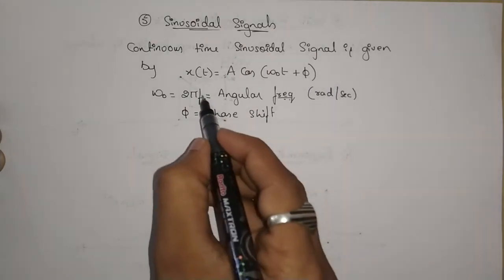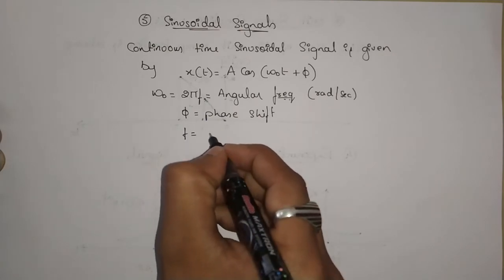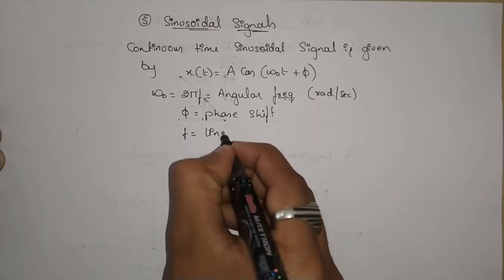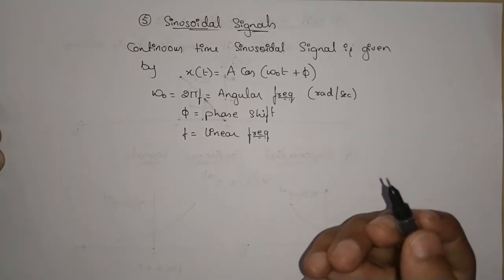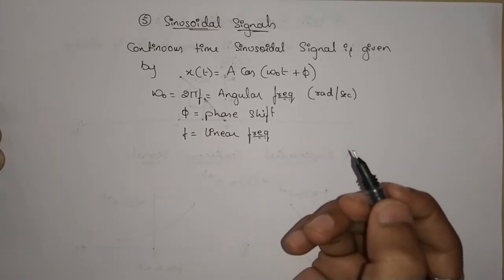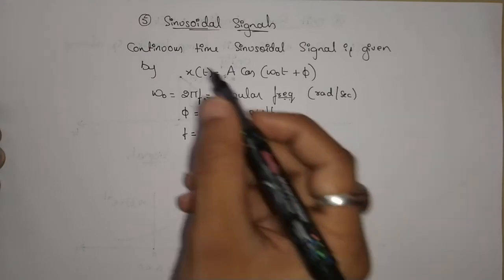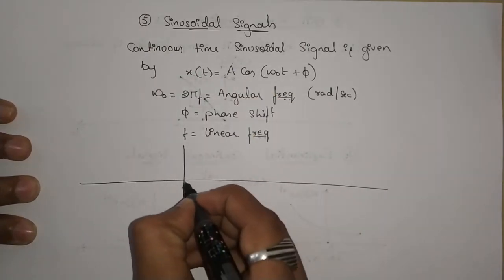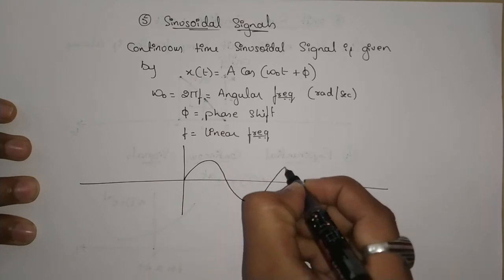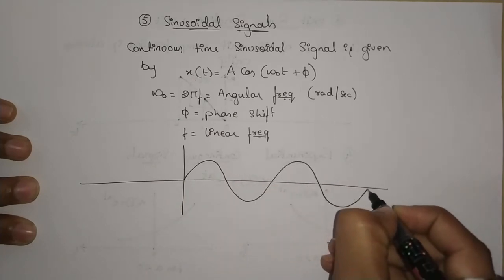Value of phi is phase shift, and f is linear frequency. Okay, and the sinusoidal signal, if you want to represent it graphically, you can represent it in a sine wave format.